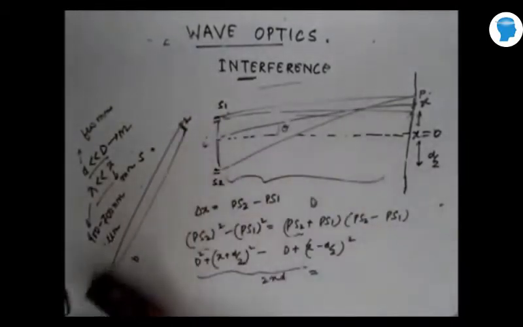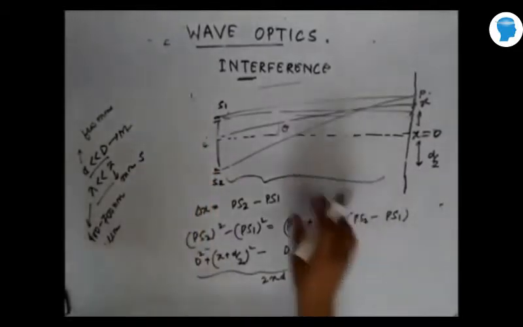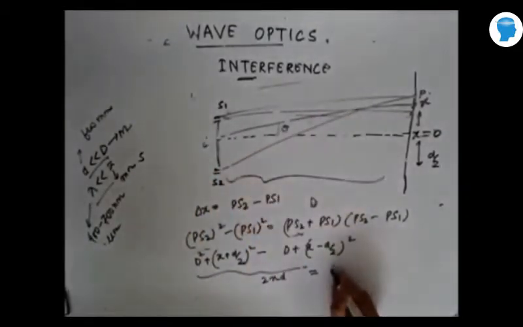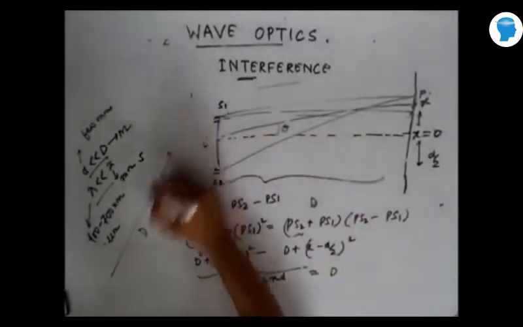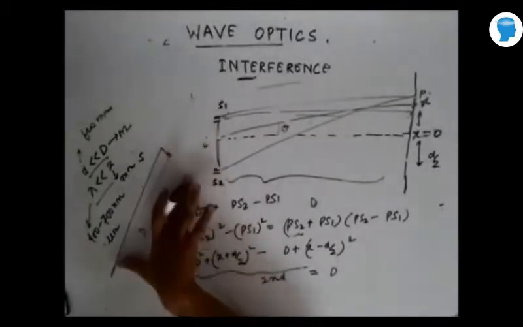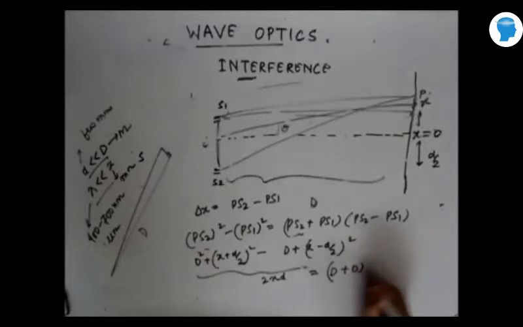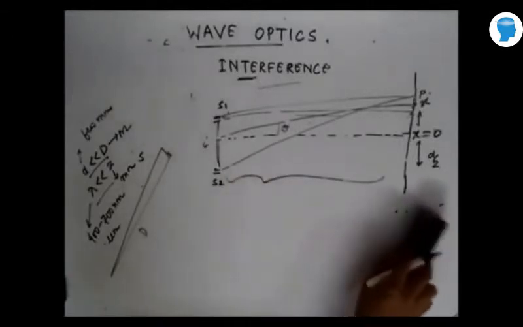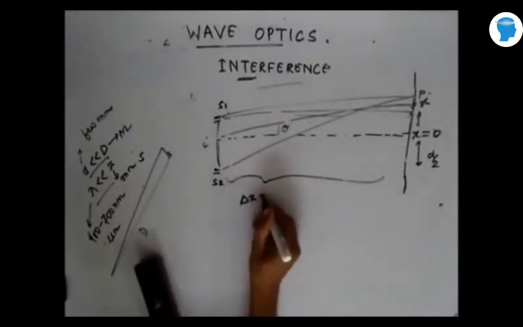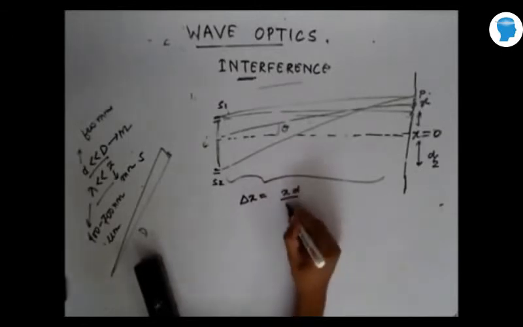That is what is happening here. So PS2 I can write as capital D. Similarly PS1 also, this length is capital D, this length is very small, so this hypotenuse is approximately equal to D, and PS2 minus PS1 is the path difference. So my delta x comes out to be approximately equal to xd by capital D. Okay, so I got the path difference as delta x equal to xd by capital D.